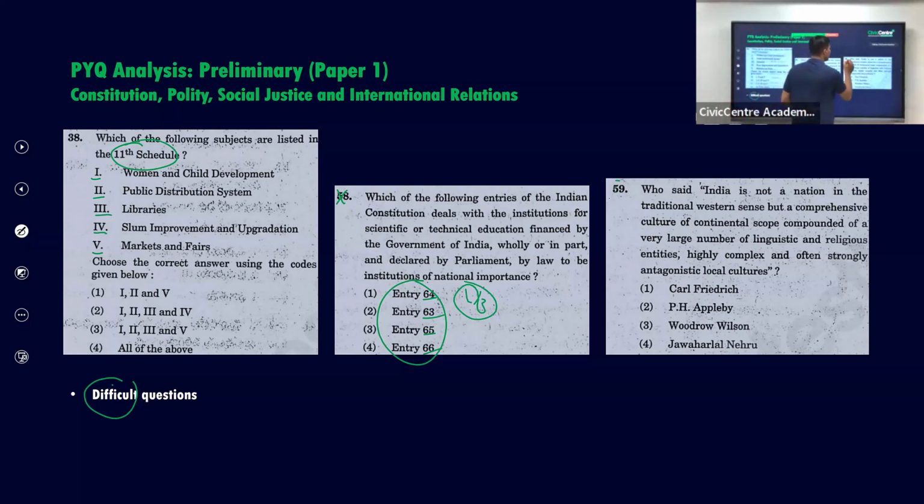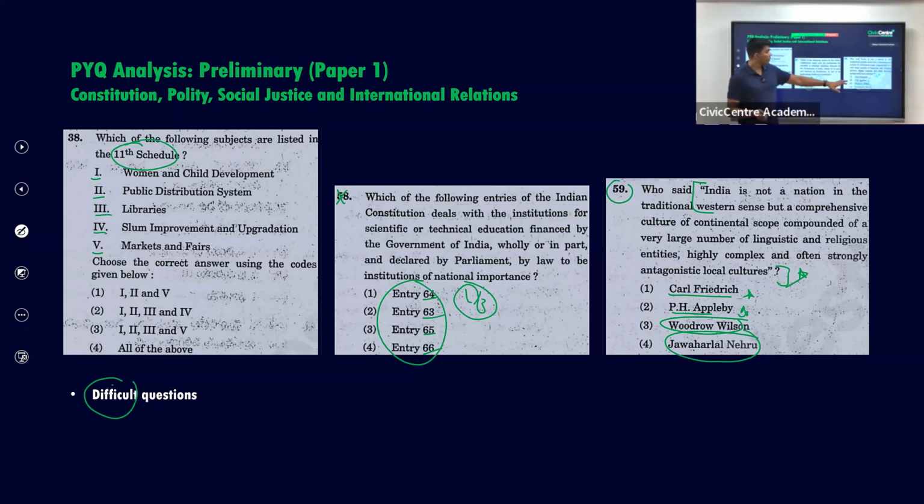Third one, who said that? This opinion on India, who made it? If you simply Google it, you will not get it. These individuals are not common. We know Woodrow Wilson and Jawaharlal Nehru, but P.H. Appleby and Carl Friedrich are not common to most of us.